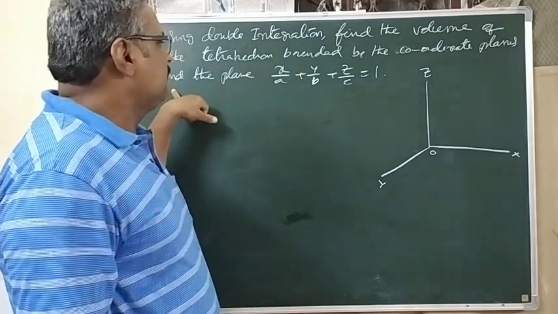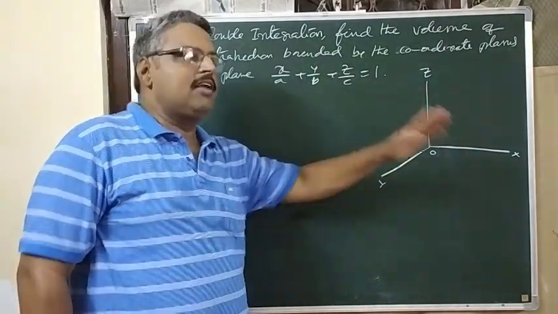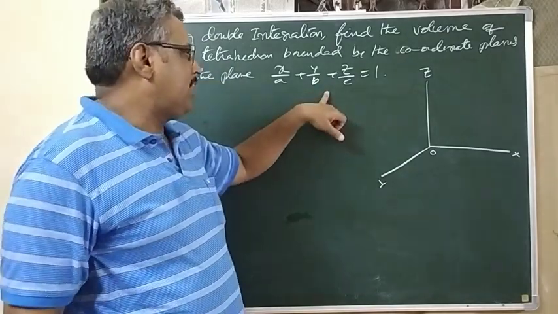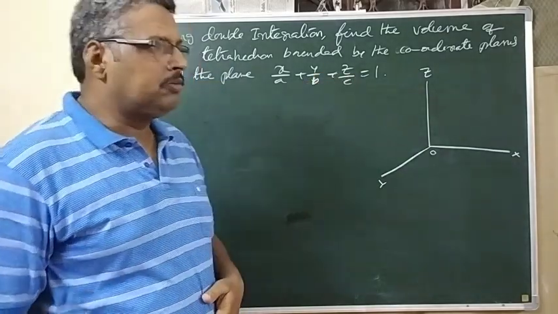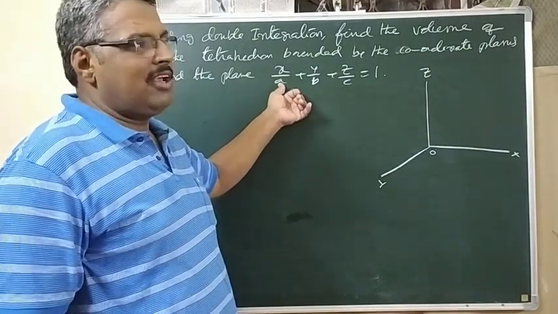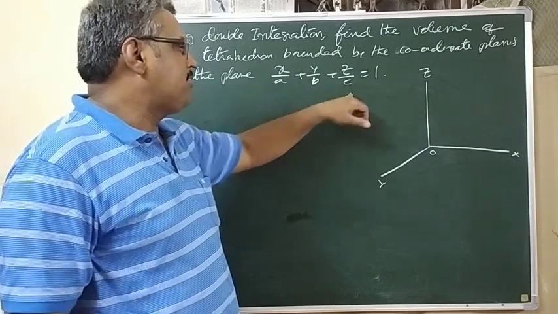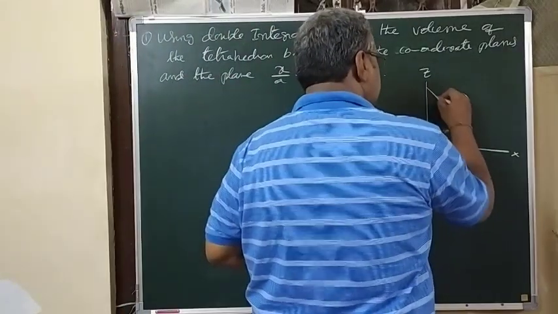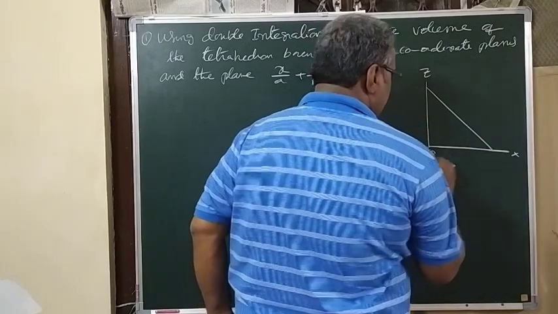And also the plane x by a plus y by b plus z by c equals 1. It is a plane whose intercepts are a, b, c on the coordinate axes. Now it looks like this.